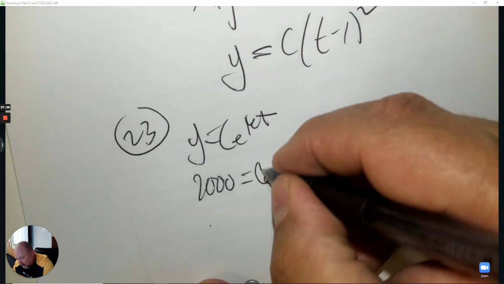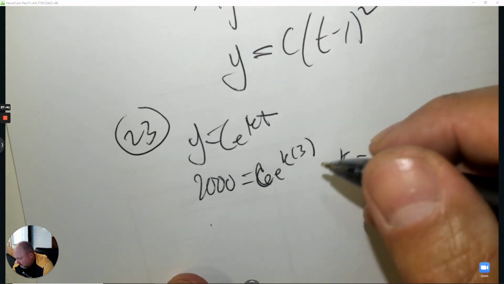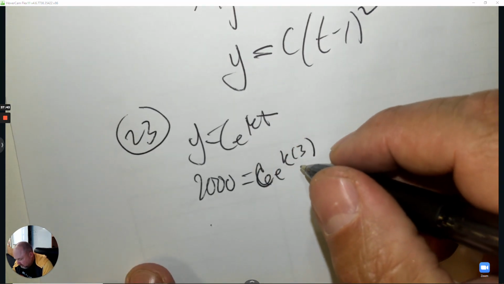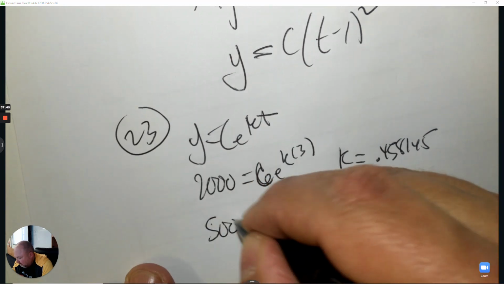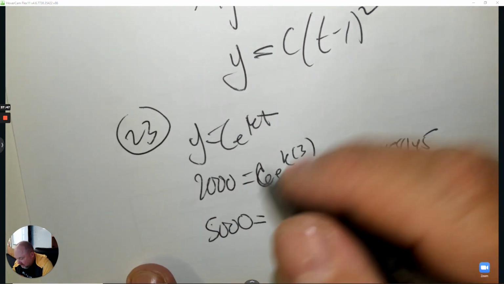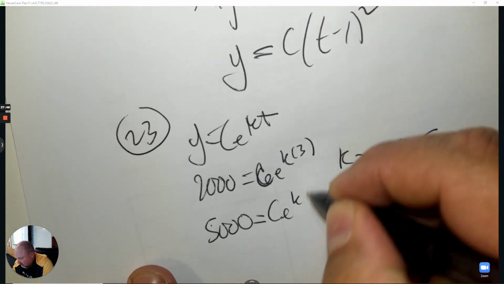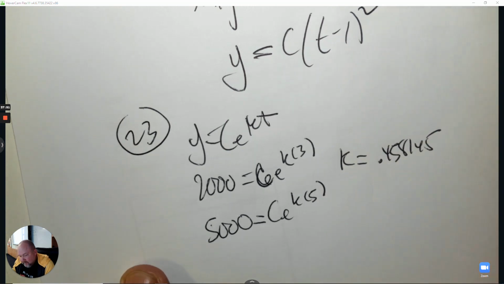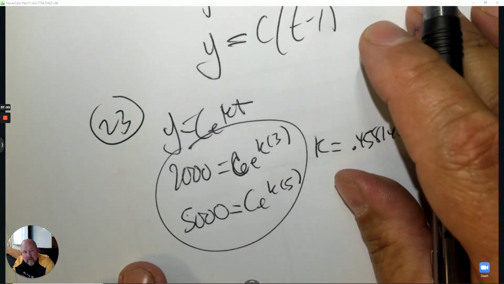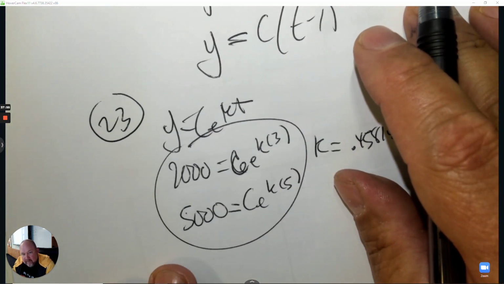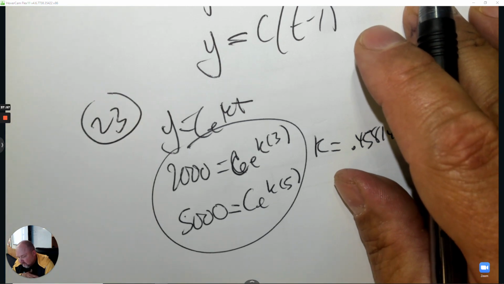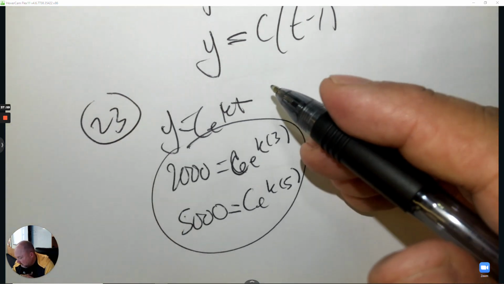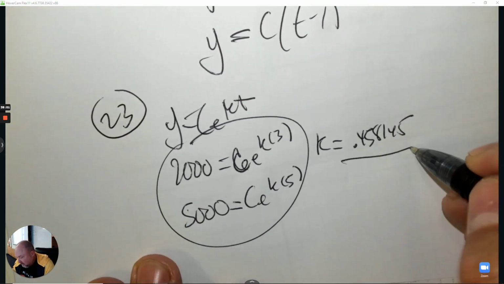Oh, we don't know this one here. We have this. We have this. 5,000 after 5 days. We have, and then we can solve for that. 2 equations, 2 unknowns. And this is what you get, k to equal.